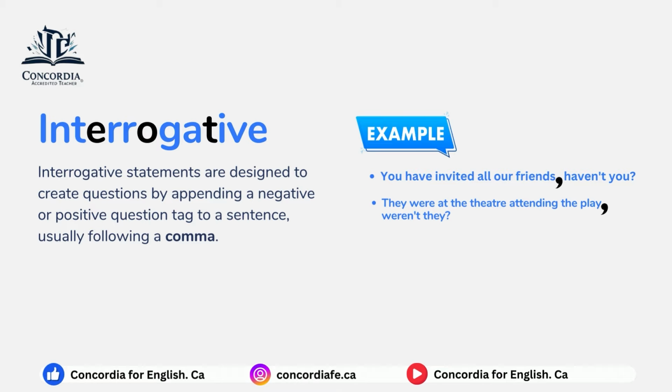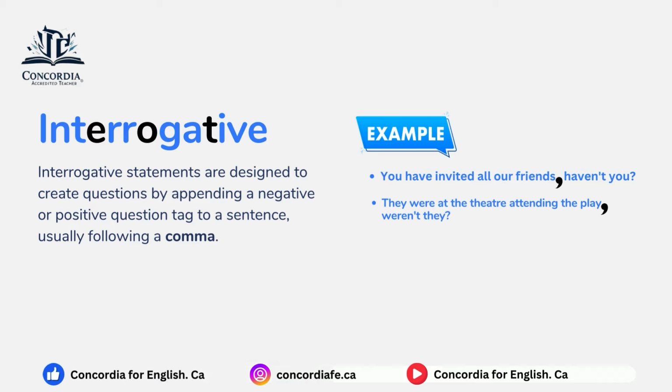I know it's kind of difficult and complicated to understand what I said, but if you have a look on the right hand side of your screen, you're going to see two examples. The first example starts with, "You have invited all our friends, haven't you?"